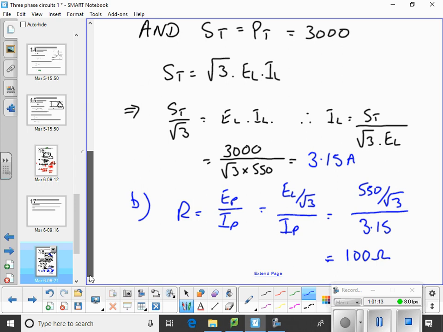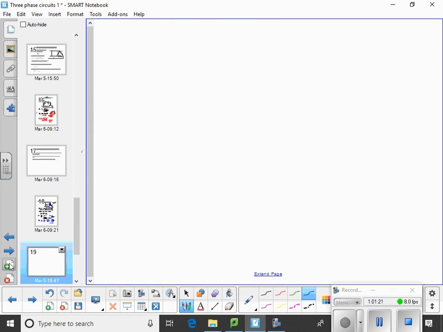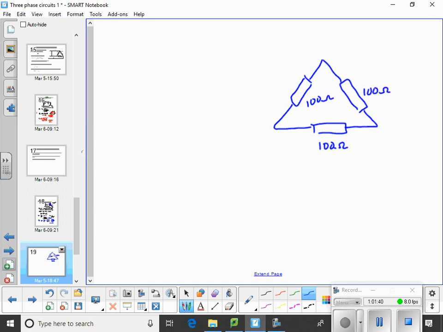Total power, 3 kilowatts. If we connect that same load, I'm going to use a new page, to delta, to the same voltage. So we've got 100 ohms, 100 ohms, and 100 ohms, all connected to a 550 volt line in delta.